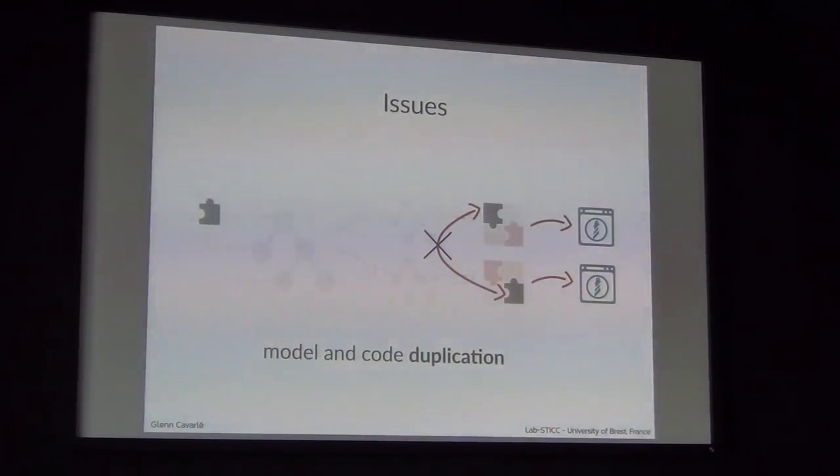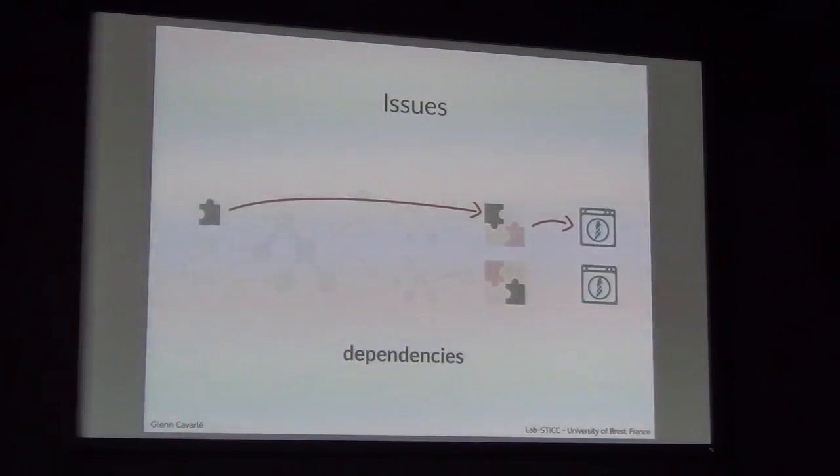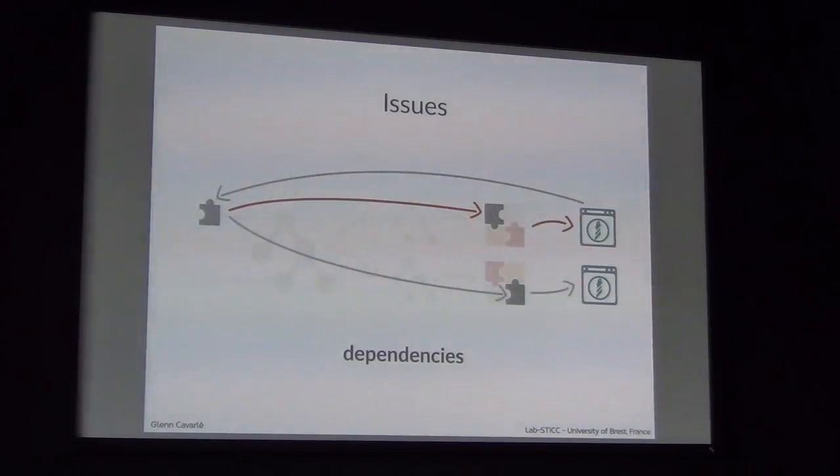So we have to avoid model duplication, and we have to take care of dependencies. For example, during the reverse engineering, when you update something from a generated class here, you first have to reflect this change on the related model, but then you have to synchronize other configurations that use this meta-entity.